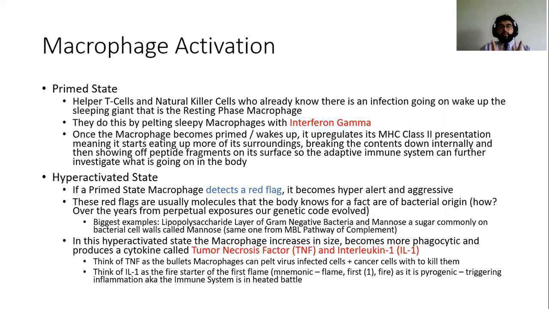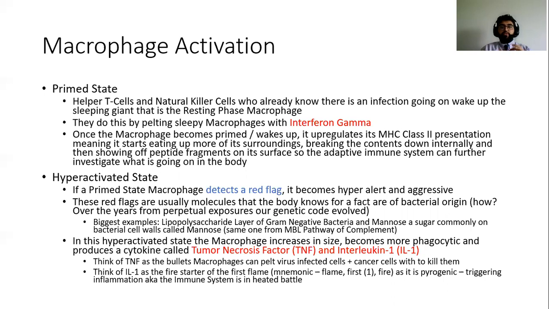So to enter from the resting state, which is the default state, to the primed state, the macrophage has to be woken up essentially. This can be done different ways. Helper T cells and natural killer cells who already know there's an infection going on can wake up the macrophage by pelting it with something called interferon gamma.